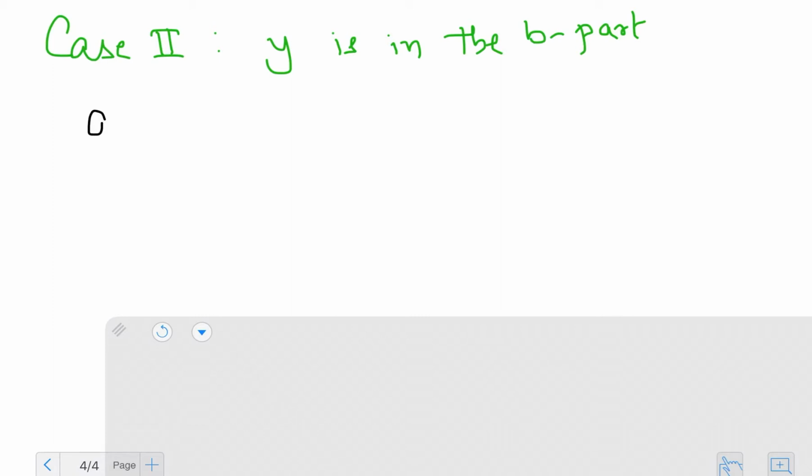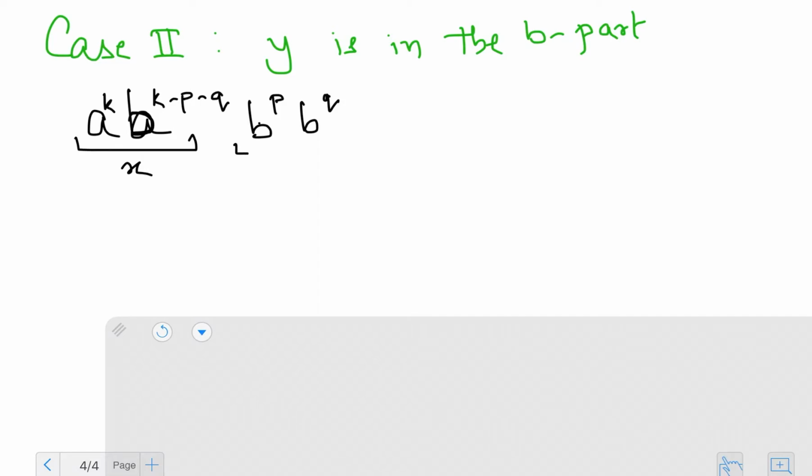So what I write is a^k followed by a^(k-p-q), followed by b^(k-p-q), followed by b^p, followed by b^q. So what I'm saying here is that this is my x, this is my y, this is my z.